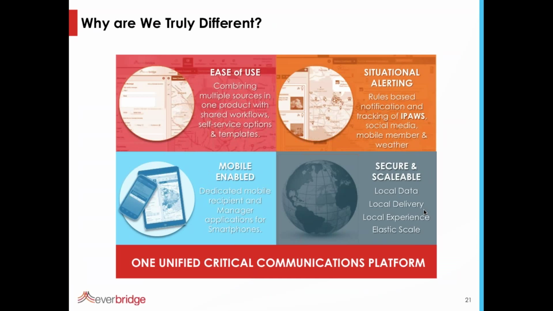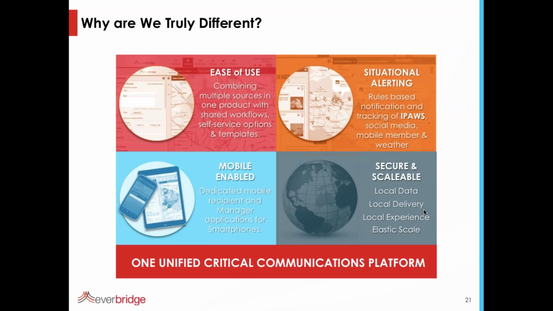It's combining multiple capabilities into one product that has those shared workflows that I talked about, and all self-service, template-driven, etc. The situational alerting, being able to look at social media and your trusted frontline intelligence, threat view from NC4, the iPause, COG to COG, etc. All of that in one dashboard that you can easily manage and look at all variety of different sources. We touched upon the mobile enablement.